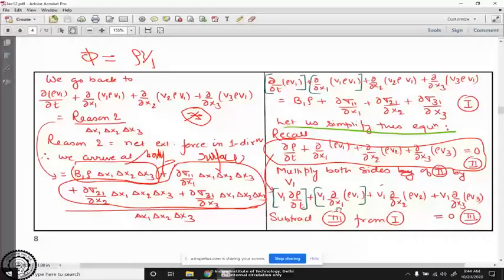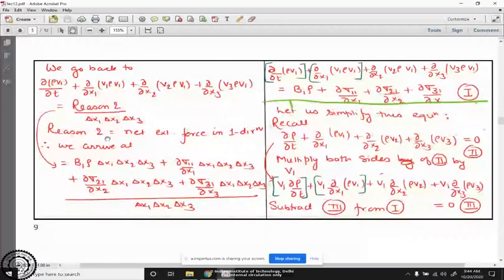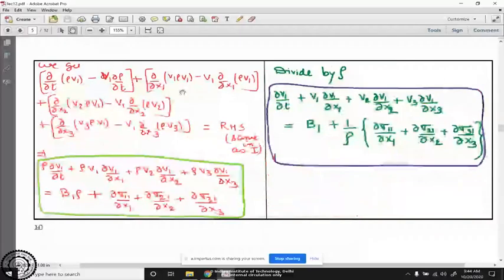And such a thing should happen with other terms also. So if you do this subtraction on the left hand side term by term, you should get this form of the equation, which I'm showing in the green box.